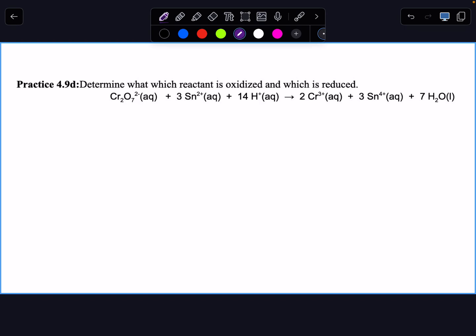So nothing changes in the H, because over here it stays as plus 1. Well, you can't have 2 reductions. There has to be an oxidation and a reduction.